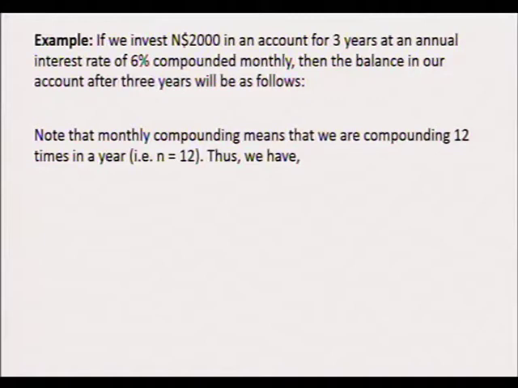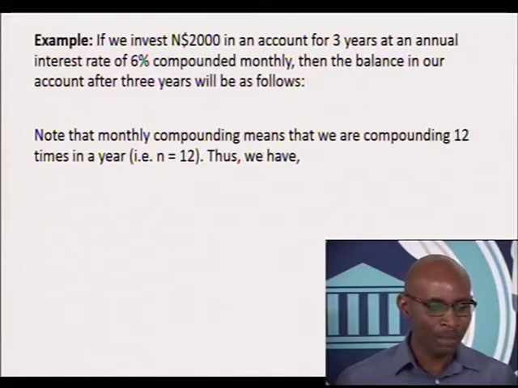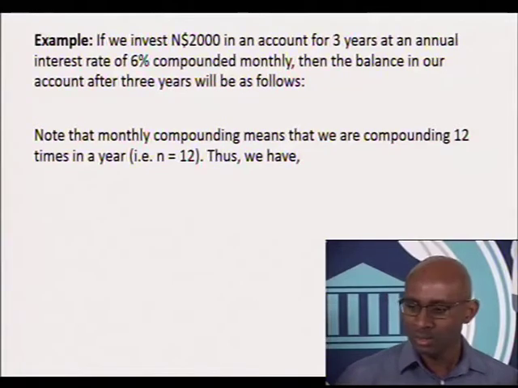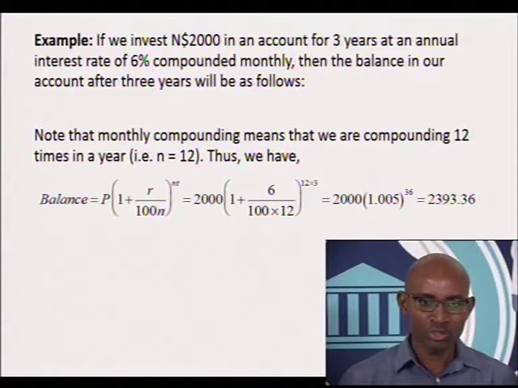The number of compoundings, as we said, is 12, and therefore substituting this into our formula, P being 2000, T being 3, N being 12, and of course our R is 6. So we have 6 divided by 100. Then it's 2000 multiplied by 1 plus 6 over 100 times 12, all to the power of 12 times 3.